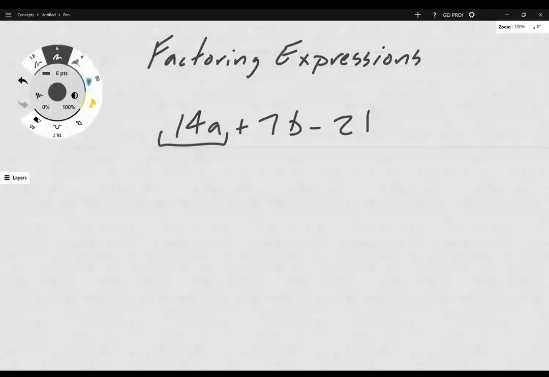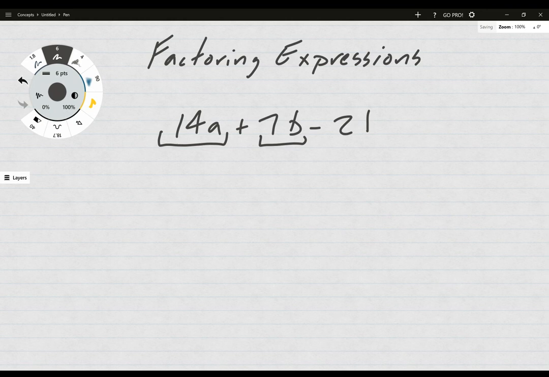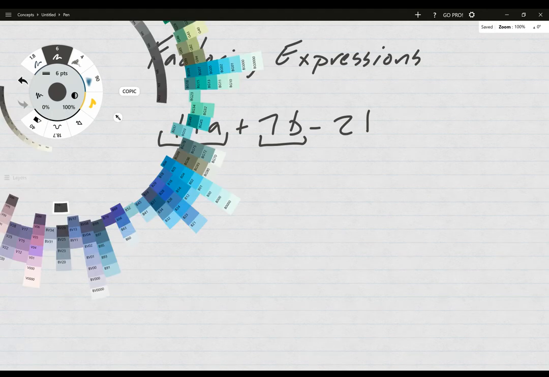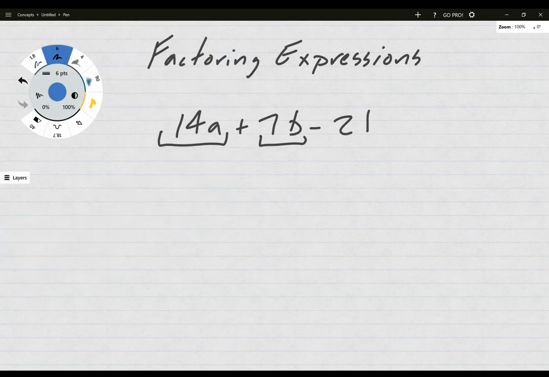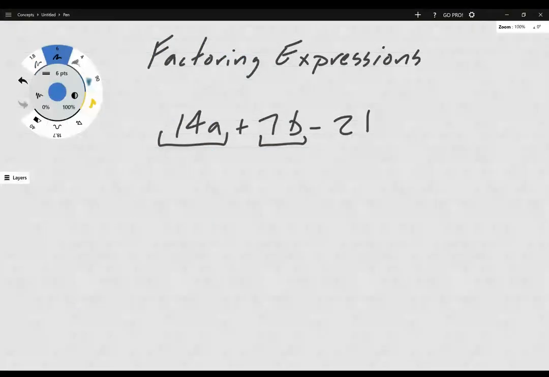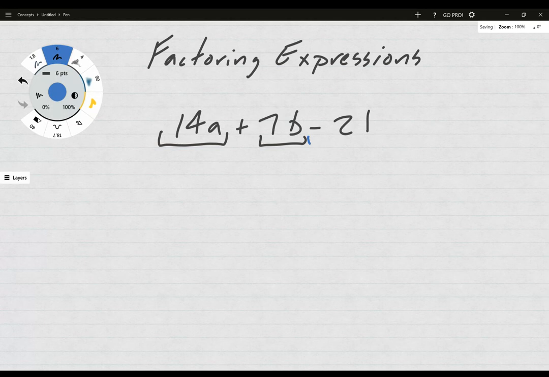14a is a variable term, and 7b is a variable term. And now I have one constant term, but my one constant term is negative 21 because the subtraction sign is attached to it. So now what I need to do is find the greatest common factor between all three of these.